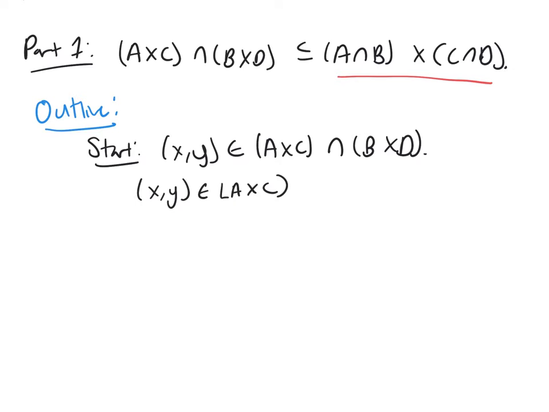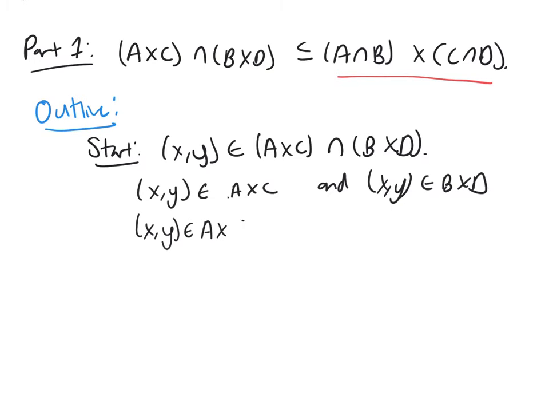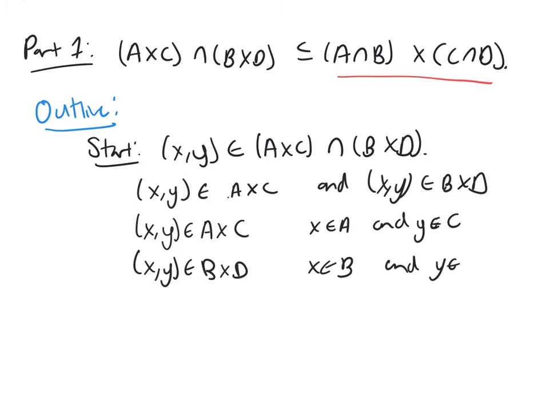So it needs to be in A cross C and in B cross D. So because xy is in A cross C, I know that x is in A and y is in C. Because it's in B cross D, I know x is in B and y is in D.